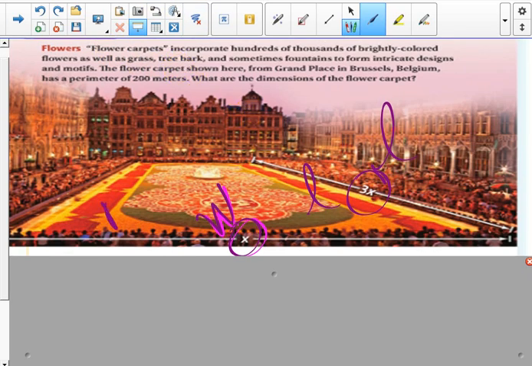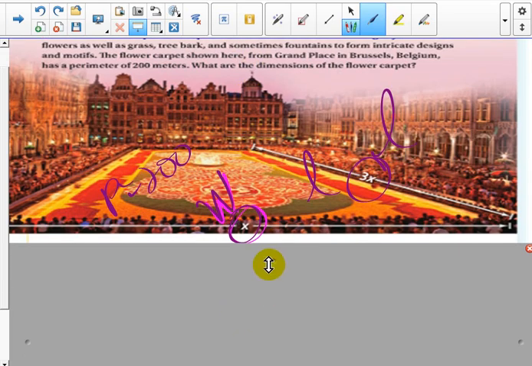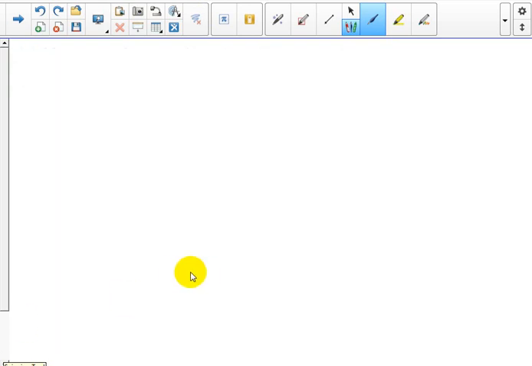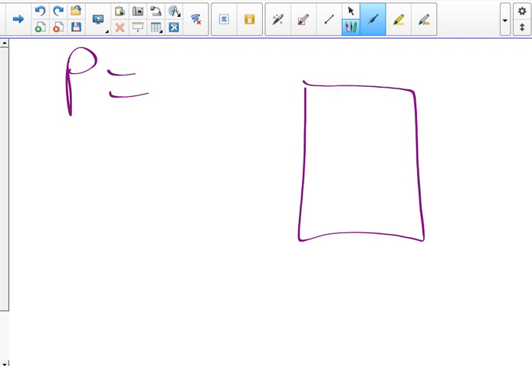So, and we know the perimeter is equal to 200 because they gave us that. So if we use the perimeter formula, we know that a perimeter of any rectangle is just 2 times this side and 2 times that side, and add them together, right? So if this is x and 3x like they gave us, we know that the perimeter is what goes around it, right?